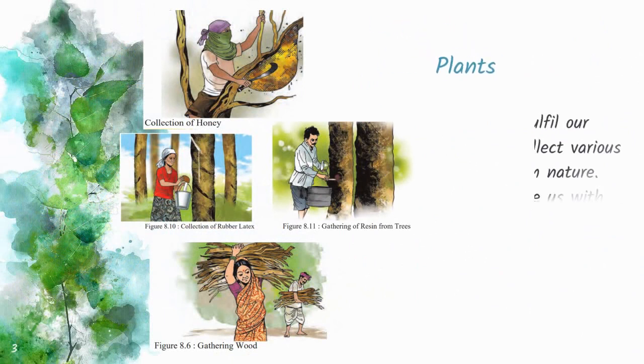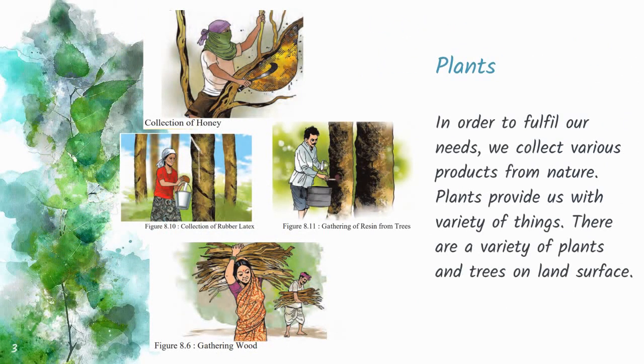Plants provide us with food, fiber, shelter, medicine, and fuel. The basic food for all organisms is produced by green plants. In the process of food production, oxygen is released.